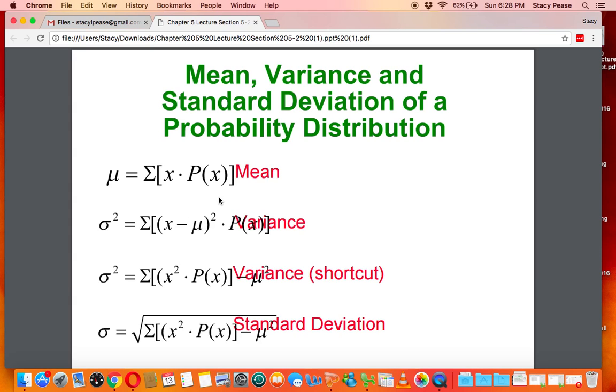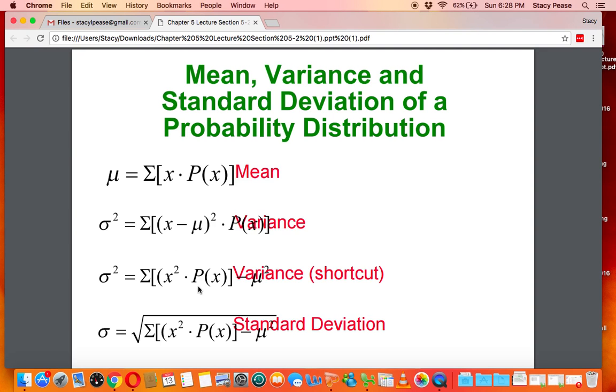And we're going to do an example like this. But again, you're going to have an x and multiply it by the probability of x. And when you add all of those together for each individual x with its corresponding probability, you calculate your mean.